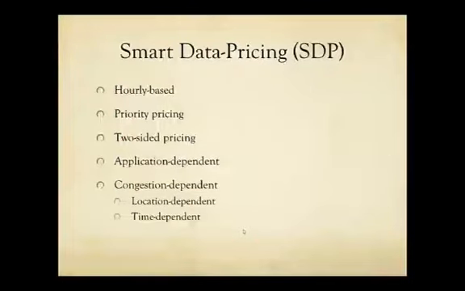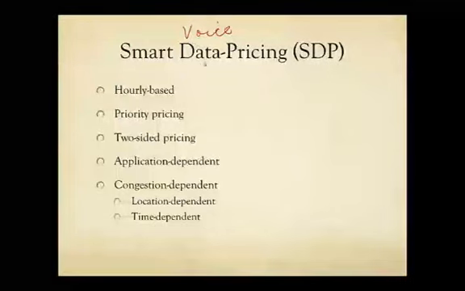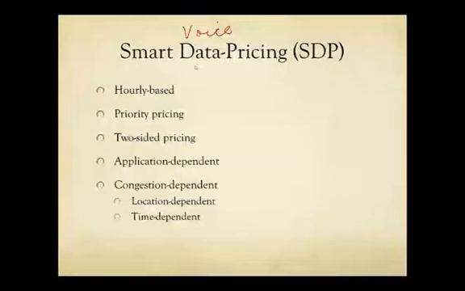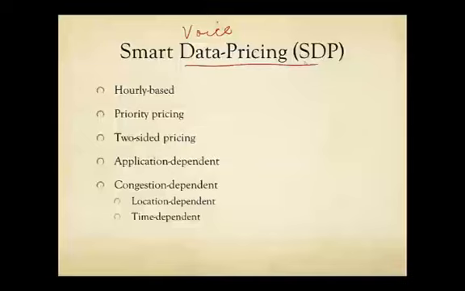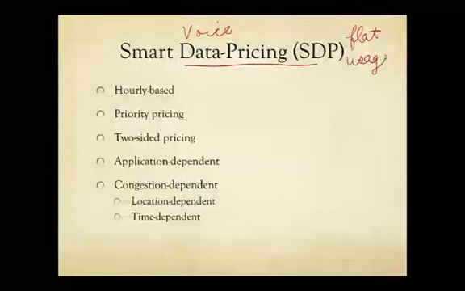So now let's look at specifically access pricing. Now, access could be access for voice or access for data. And our focus is on data, so we call this data pricing. Now, we have seen data pricing. In the last lecture, we have seen flat rate data pricing. We have seen usage-based data pricing.